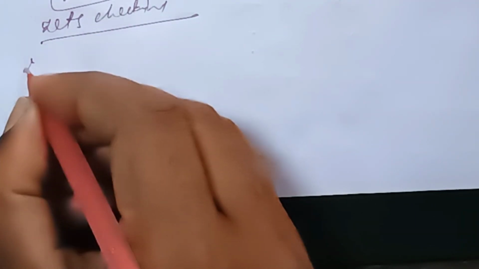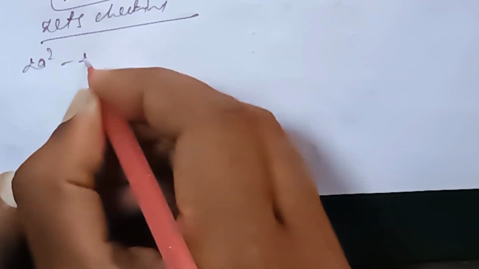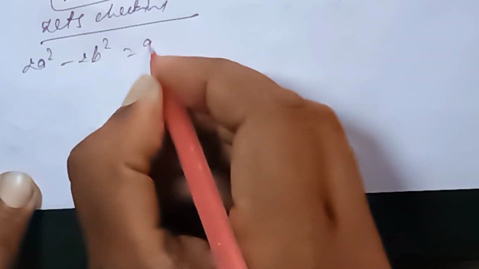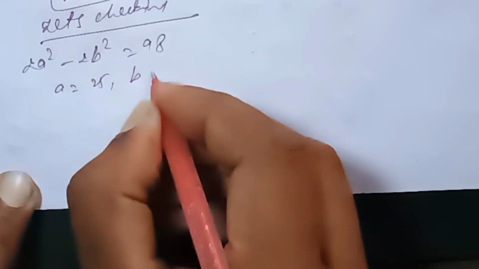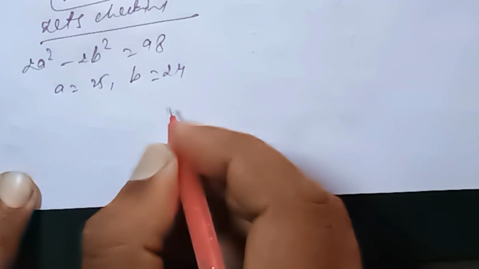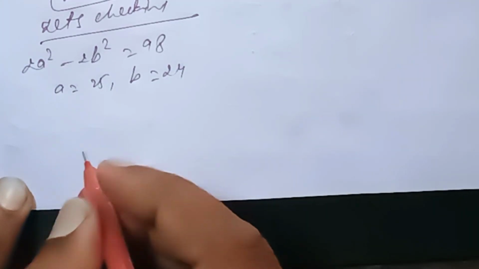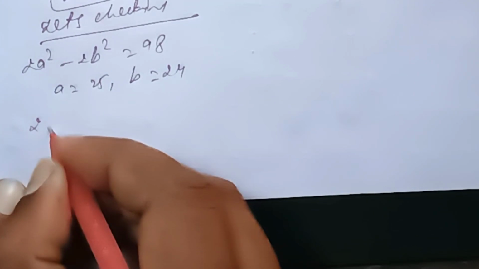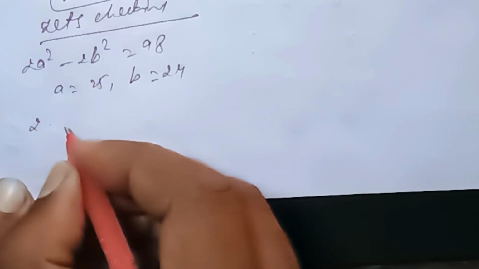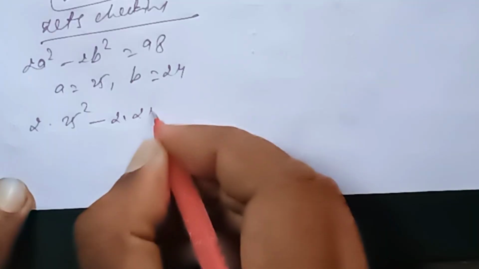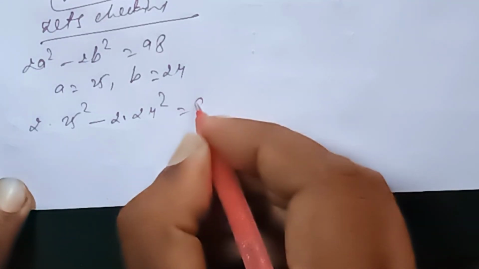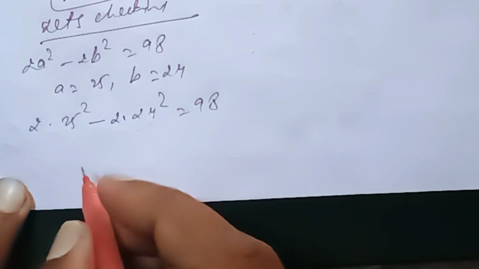According to the question, 2a square minus 2b square is equal to 98. Here a is equal to 25, b is equal to 24. So 2 into a value 25 square minus 2 into b value 24 square is equal to 98.